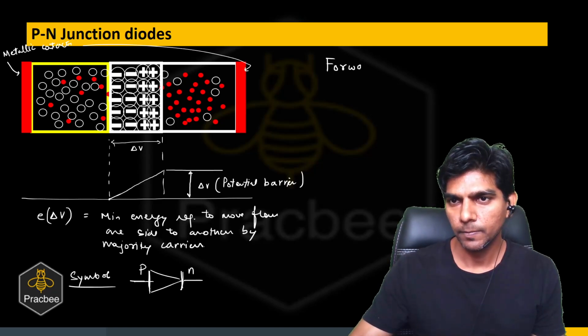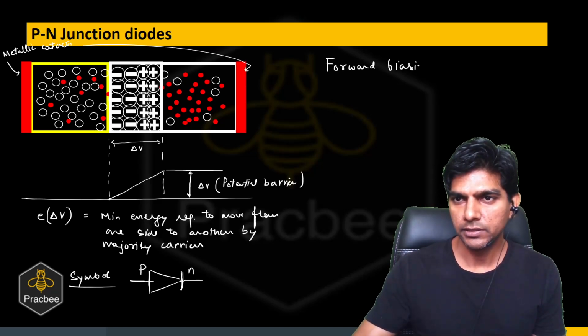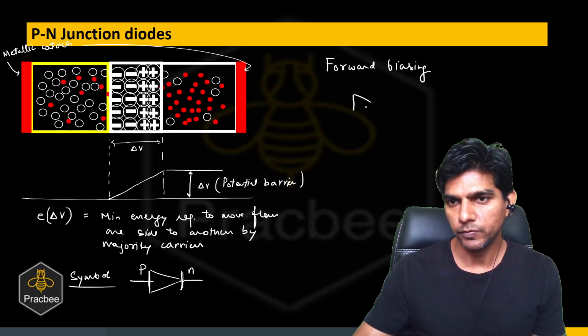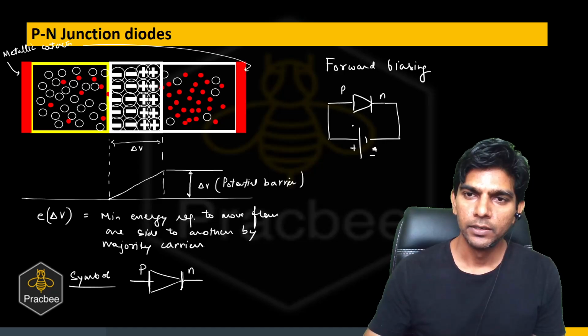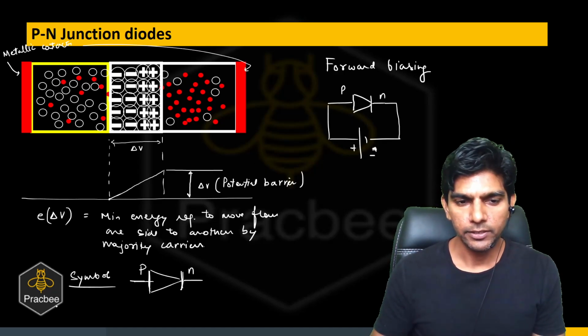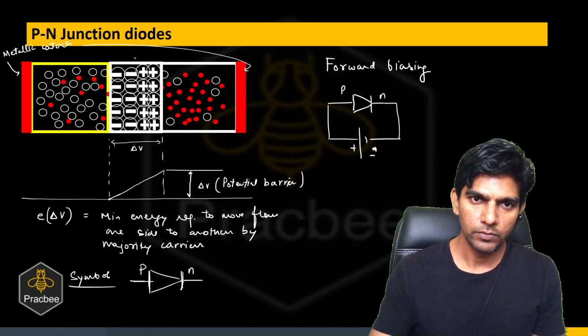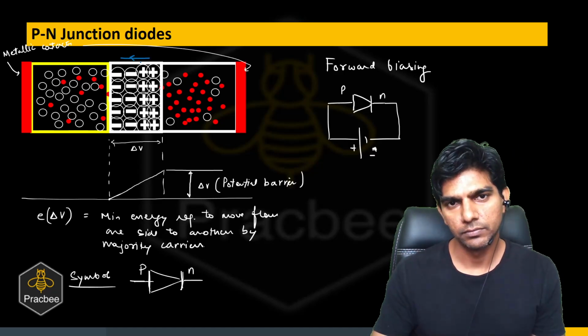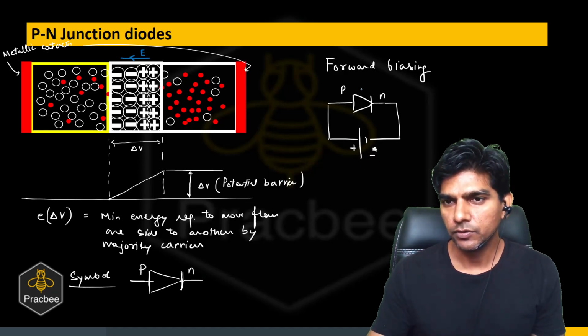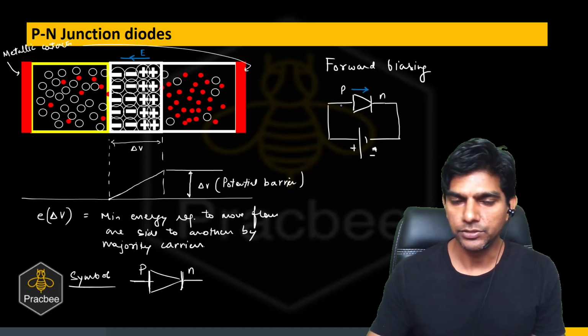So forward biasing is when we connect P side to a high potential and N side to a low potential. This is N, this is P, right? This is positive and this is negative. So what would happen? So we know that at the barrier or at the junction, there is an electric field which is in the left direction. Let me call it E. Now, because of this external source, now there will be an external field in the right direction.